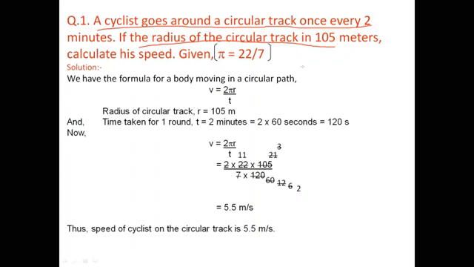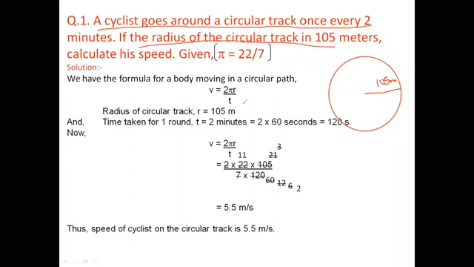For this, let us draw one circular track here. So सर्कुलर ट्रैक है और साइक्लिस्ट एवरी 2 मिनट पे एक बार उसका चक्कर लगा रहा है. ओके, एंड इट्स रेडियस इज 105 meters. We have to find the speed of that cyclist.